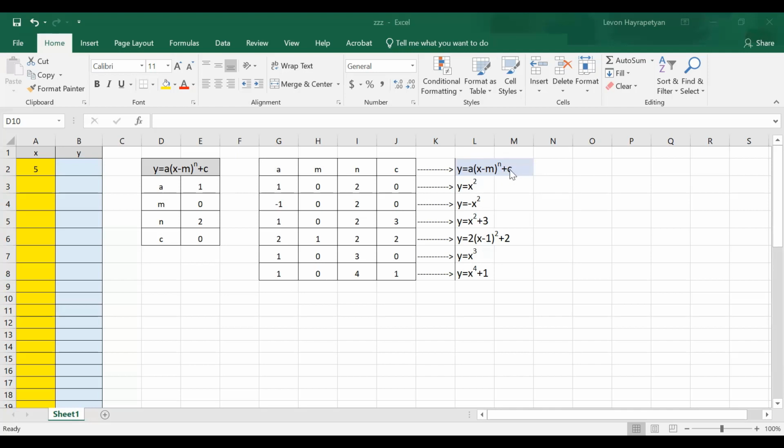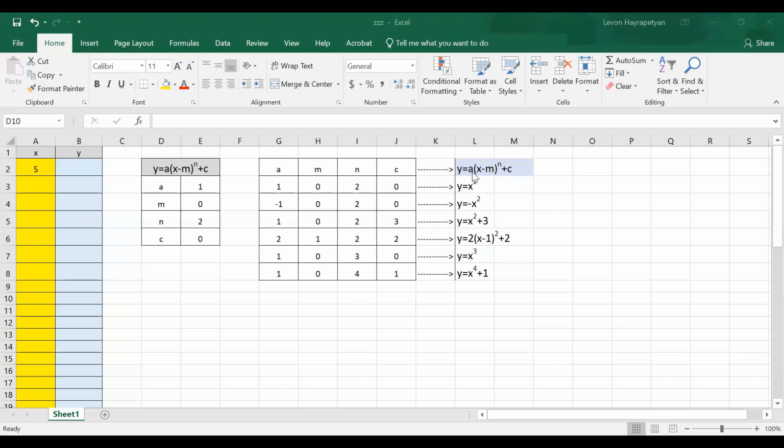C describes by how many units the graph will be shifted along the y-axis. N is the exponent. So when we have 2, it's a quadratic function, for 3, cubic, and so on. And a, which is the coefficient, describes the scale.